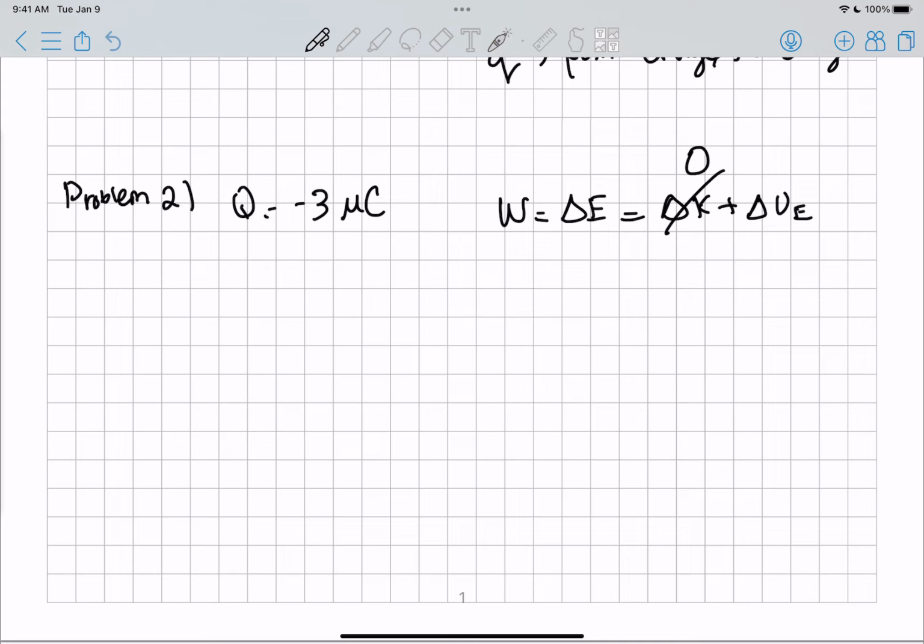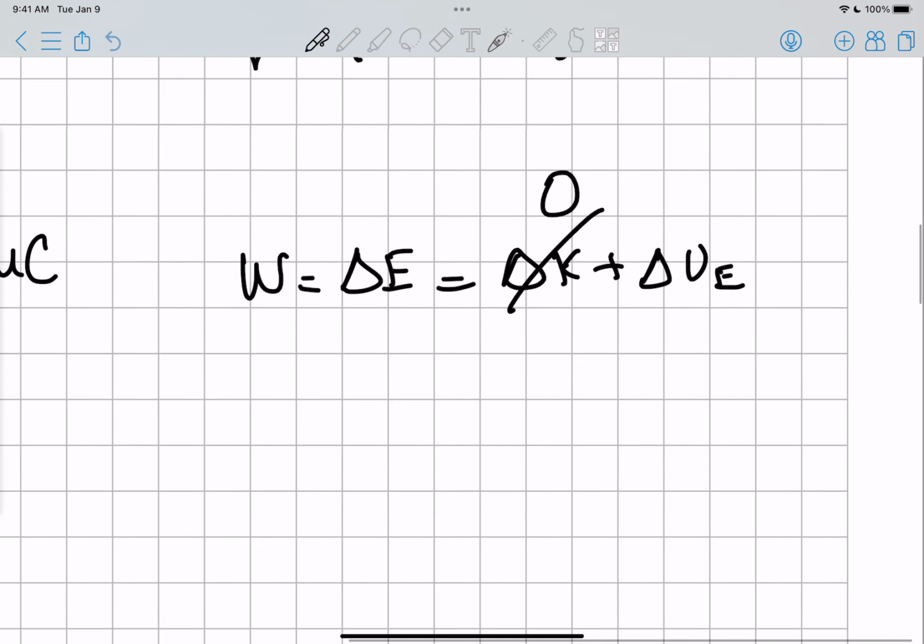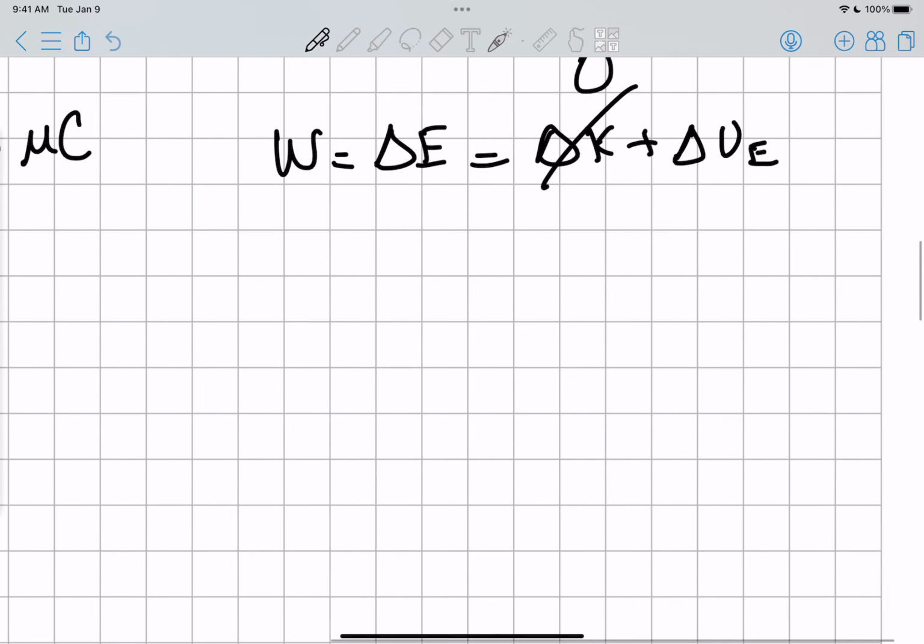So your kinetic energy change would be 0, and we're left with some change in the electrical potential energy. We can calculate that and therefore calculate the work, because we have an equation: q times the change in the voltage to get from one point to another gives us our electrical potential energy change.